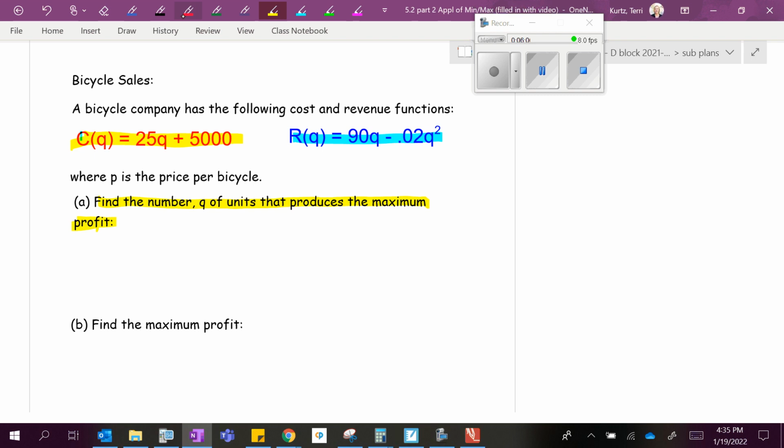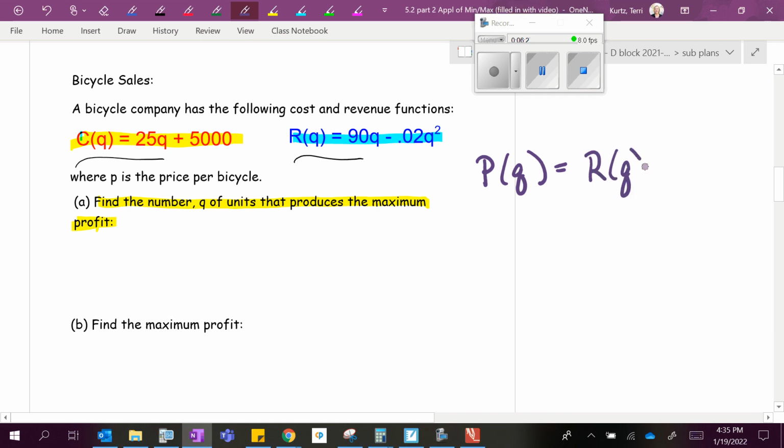So again, kind of a throwback to last semester, we're only given cost and revenue, but we need to find profit. Remember, the profit equation is the revenue equation, how much money you bring in by selling something, minus how much it costs you to make those products, right?